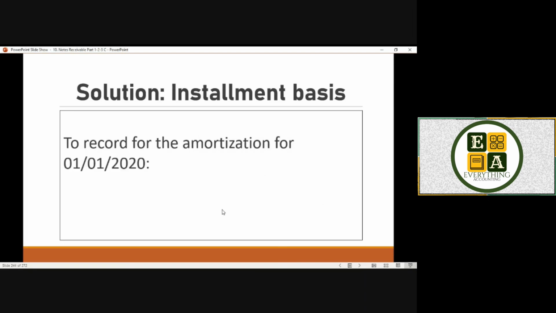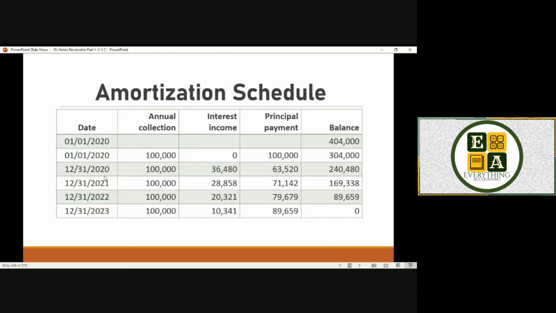But we don't have an amortization for January 1, 2020. No journal entry because, again, on January 1, 2020, advance collection, no interest income will be computed. No significant or substantial period for the interest.